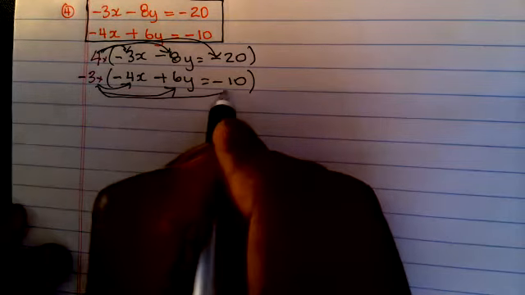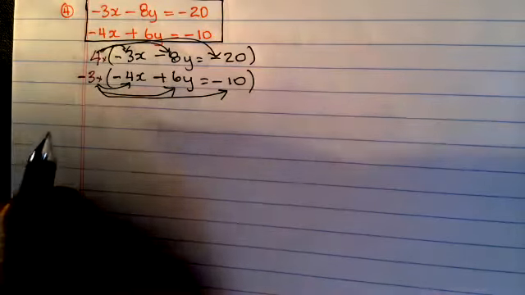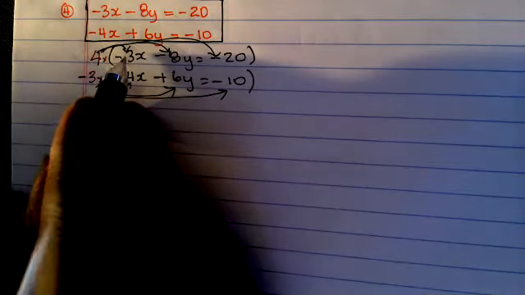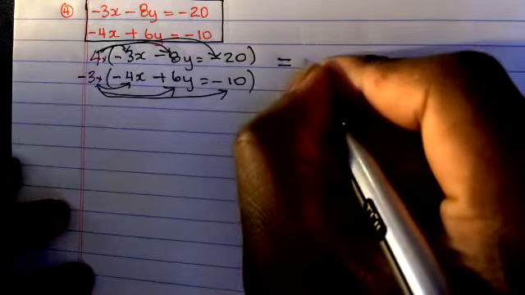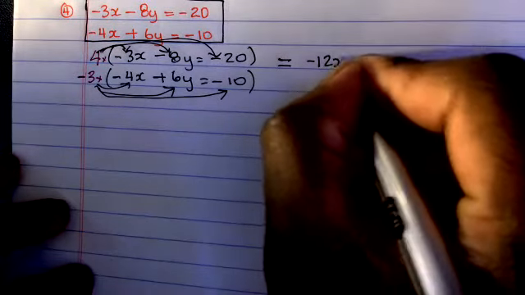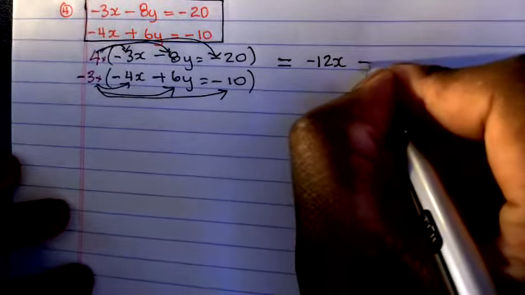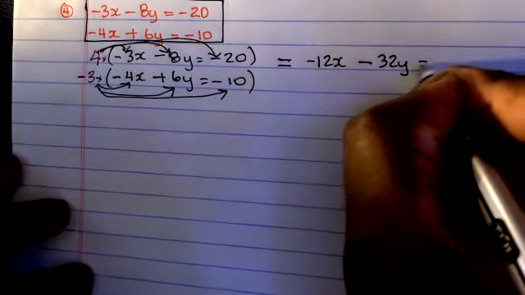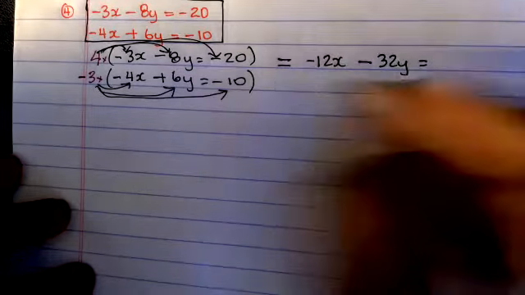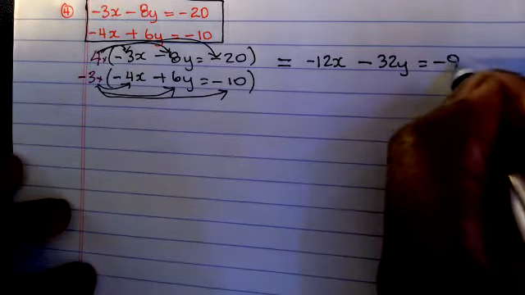So here, what do I do? What's 4 times negative 3x? It is negative 12x. Minus 8 times 4 is 32y, equal to, we had negative 20 times 4, so it's going to give me negative 80.